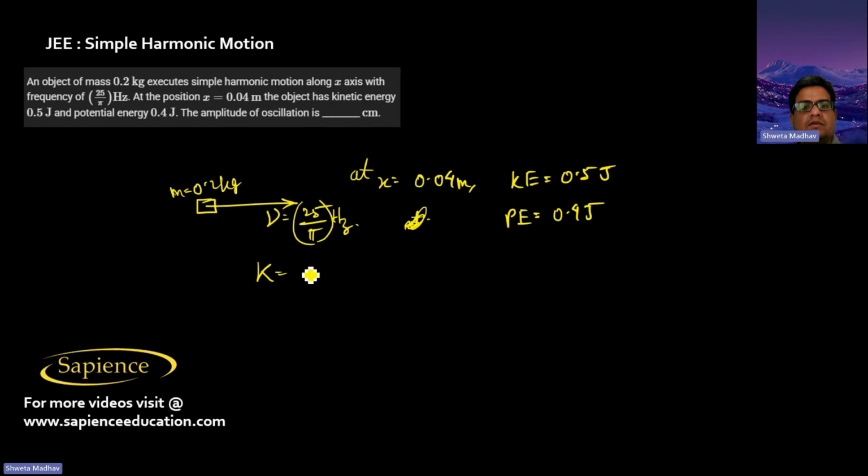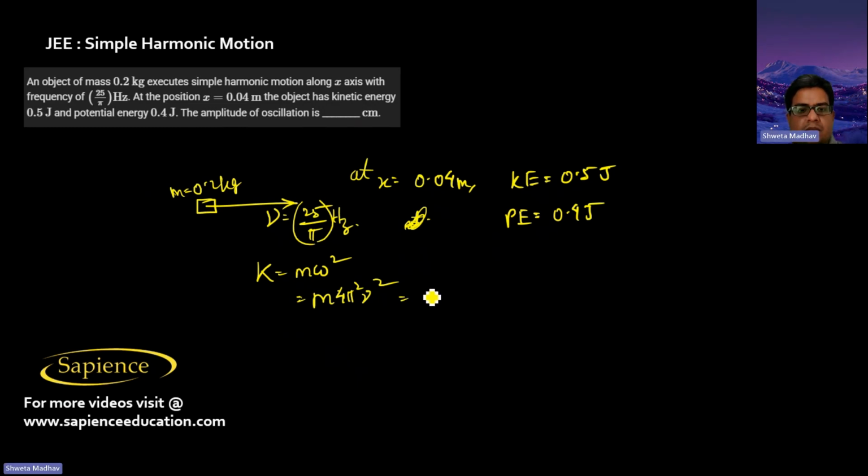Now we know that k is equal to m omega square. Therefore, m into 4 pi square into mu square.